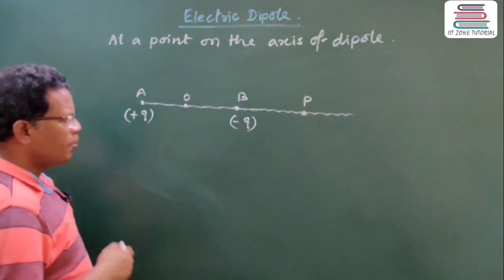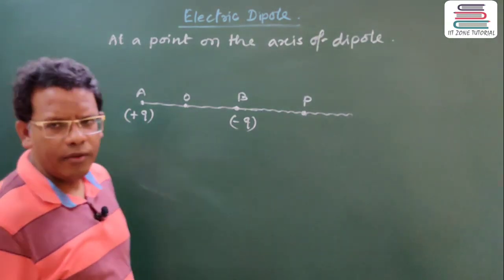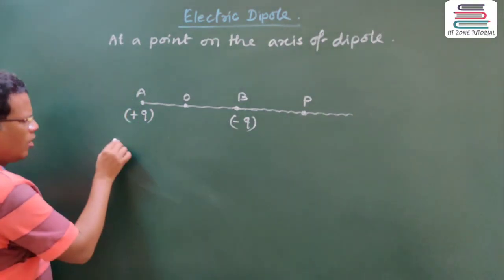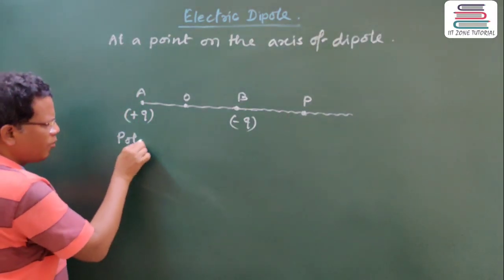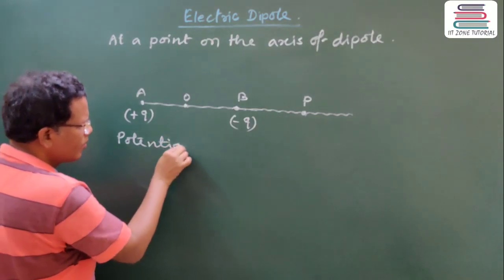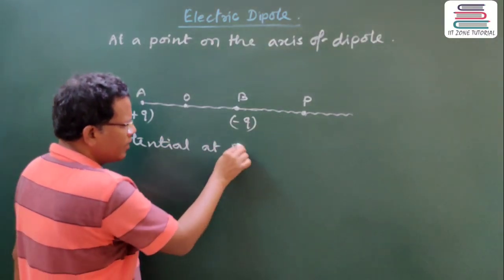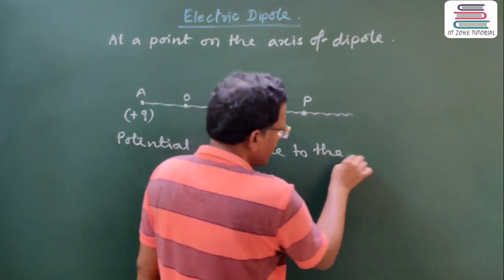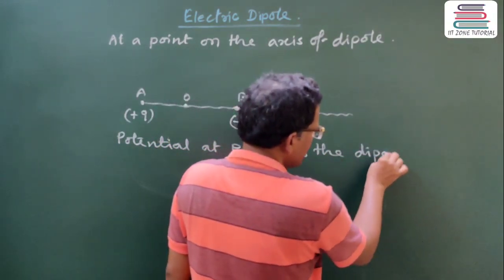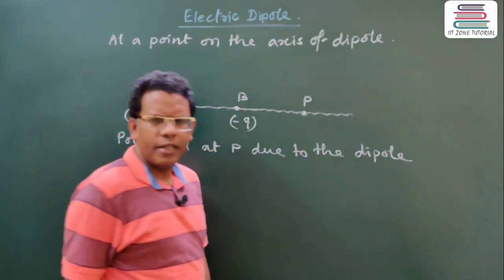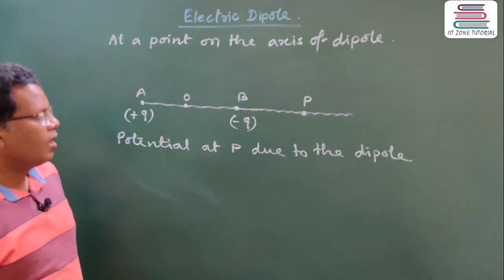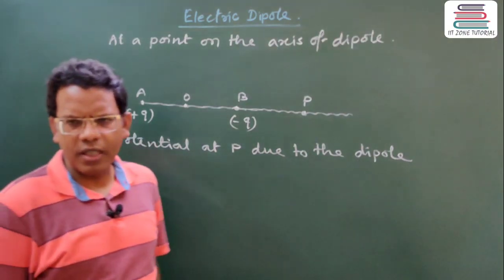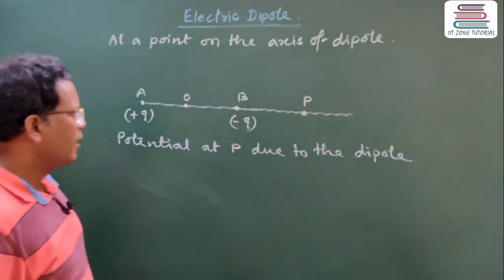The same process will be followed here for the calculation of potential at P due to both the charges of the dipole, plus q as well as minus q.